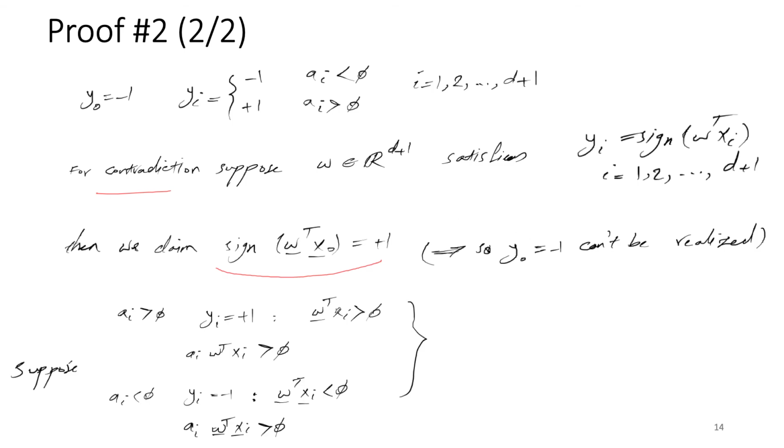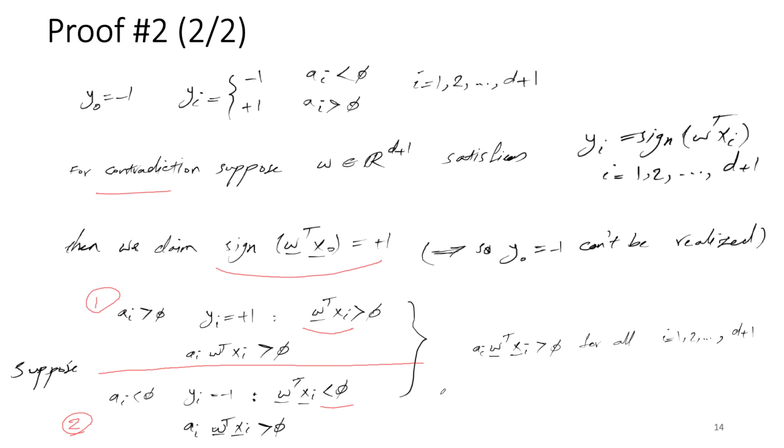So we have two cases. A1 bigger than 0, the first case, and A1 smaller than 0. For the first case where A1 was bigger than 0, yi had to be plus 1. Thus, this calculation, the multiplication of w and x's would be pluses, right? On the other case, this would be minus.